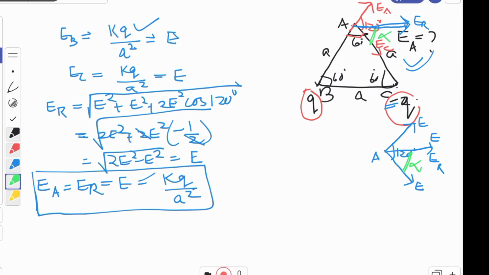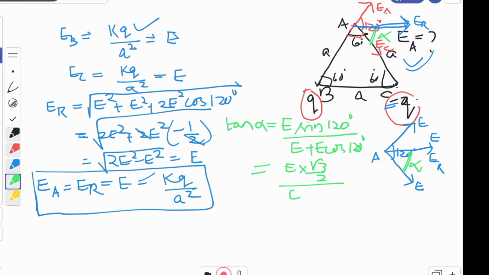So we know tan alpha is equal to, and let me write over here, tan alpha is equal to nothing but, put the formula. Please refer to the vector chapter if you don't remember the formula. But you must know E sin 120 over E plus E cos 120. What is sin 120? That is root 3 by 2.